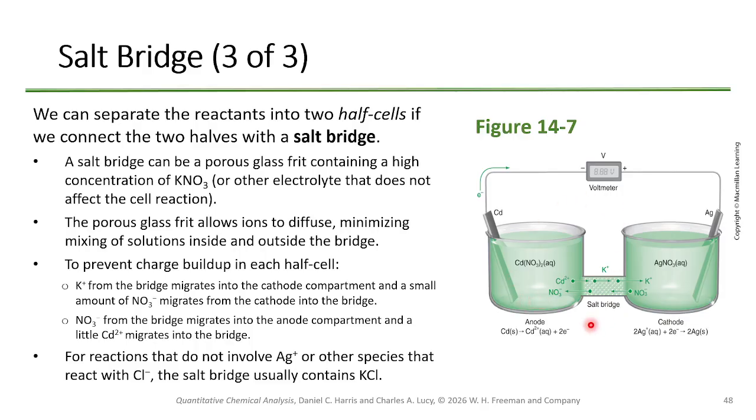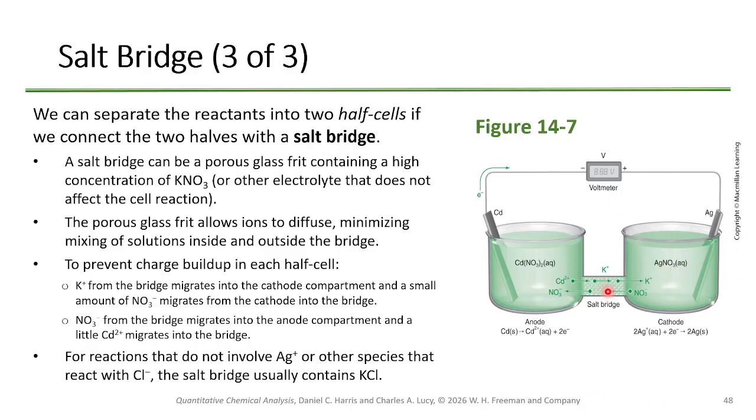So that porous glass frit right here actually allows ions to diffuse. It'll minimize the mixing of your solutions inside and outside the cell. This would not work if you just put salt in here, by the way, and nothing else, because then your fluids right here would mix eventually, right? And you'd be back to square one. So it needs something.